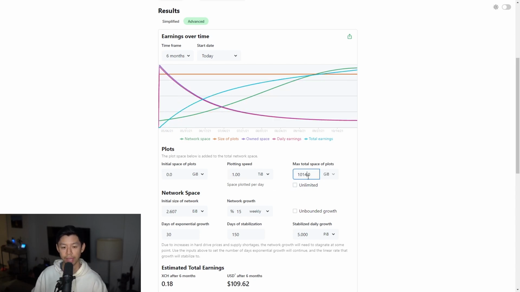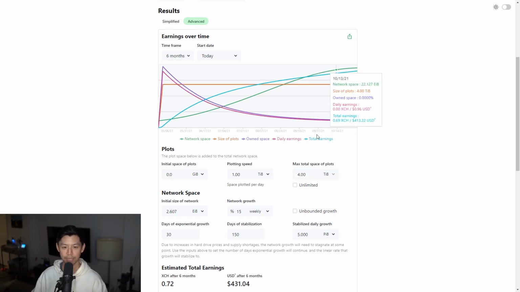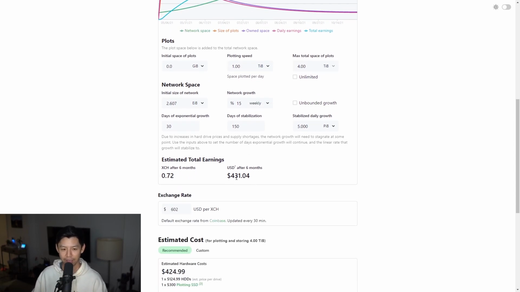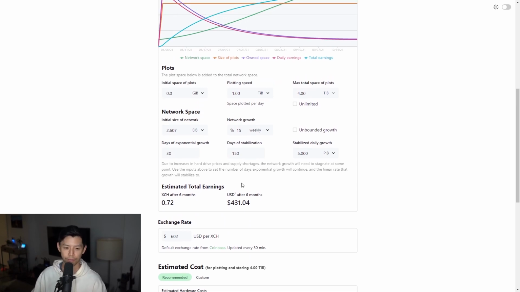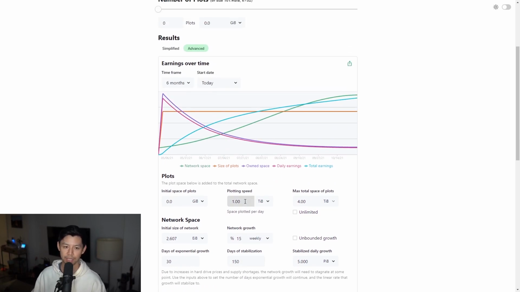If you're then capping your space at, let's say, 4 terabytes, because you invested all your money into plotting but none into actually holding those plots, after 4 days of plotting you will fill up your hard drive space. With these default settings, you're going to make $431 after 6 months. Not a very good investment for $2,000, right?